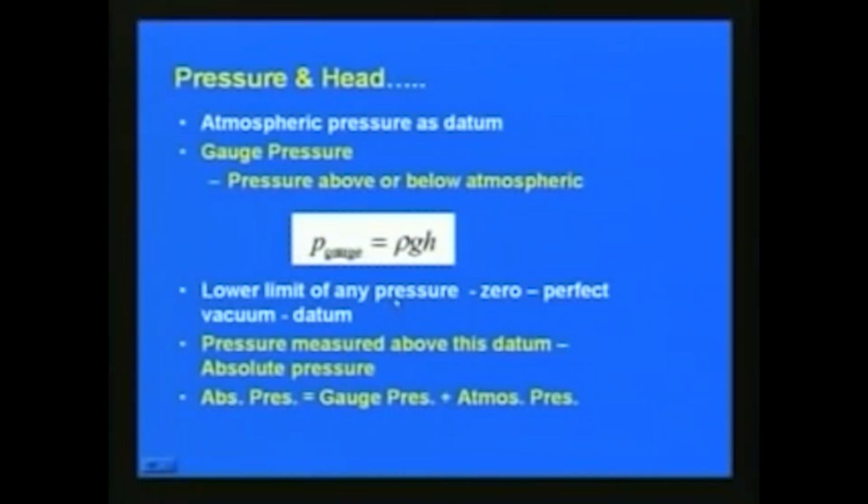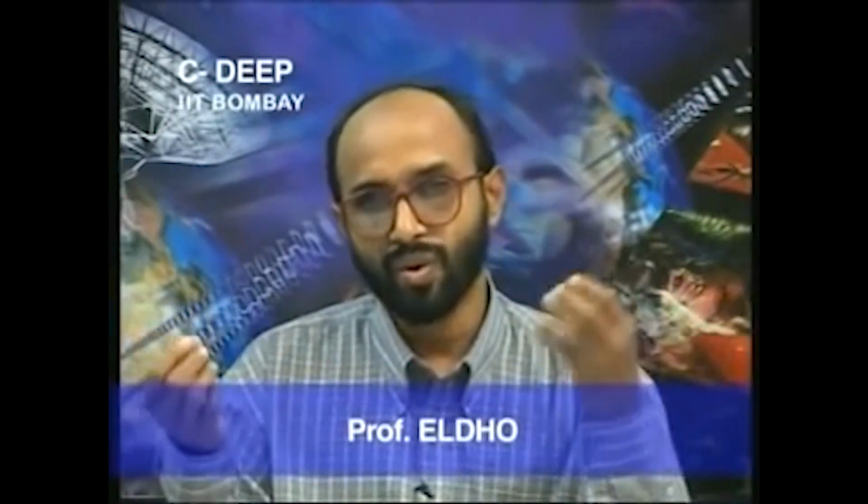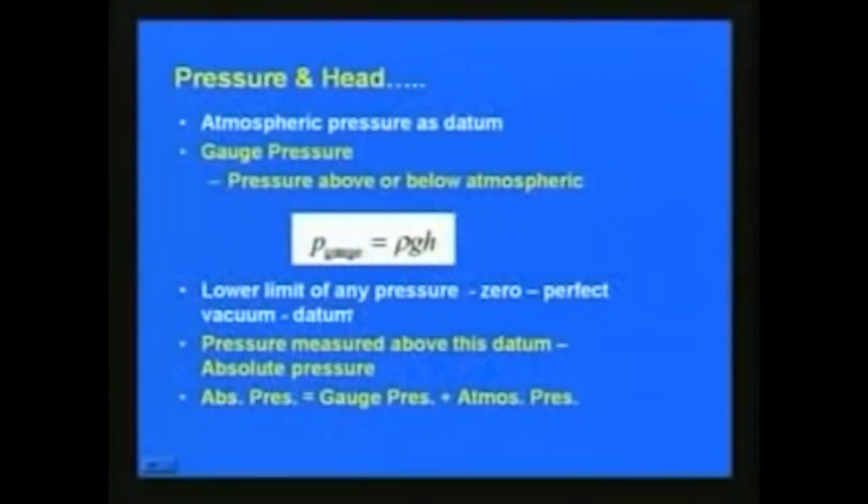So, we can classify pressure into absolute pressure or gauge pressure. The gauge pressure is the pressure above or below the atmospheric pressure, with the equation P gauge equal to rho g h, and absolute pressure is equal to gauge pressure plus atmospheric pressure, or the datum which we are based on.